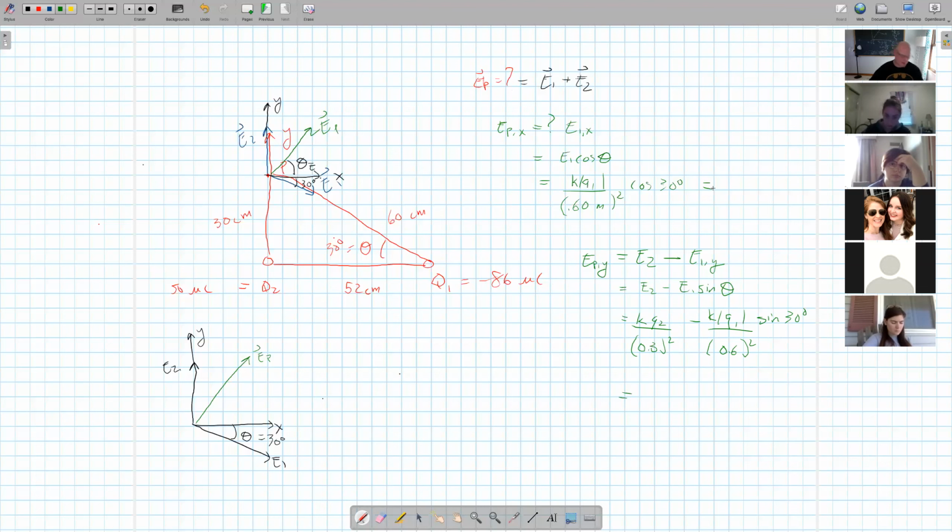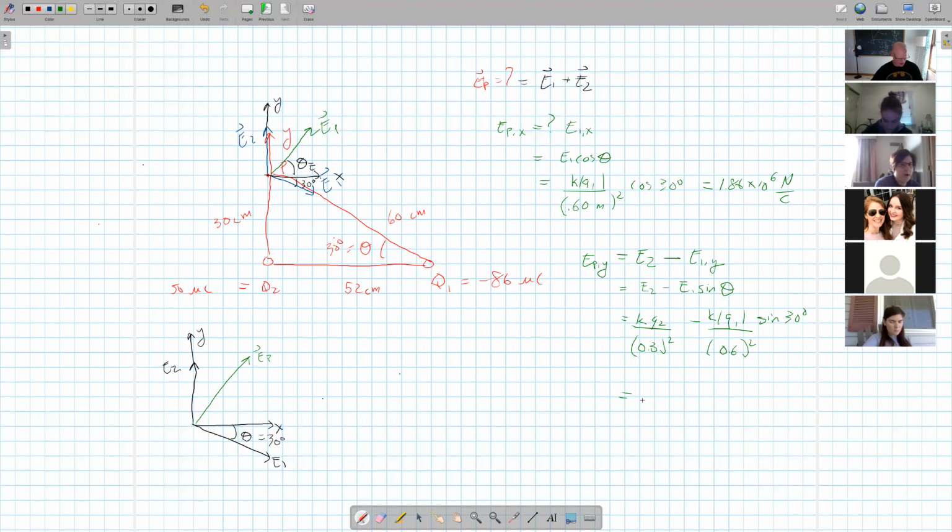Okay, so let's plug in the numbers. In the x direction, that works out to be about 1.86 times 10 to the 6th newtons per coulomb.